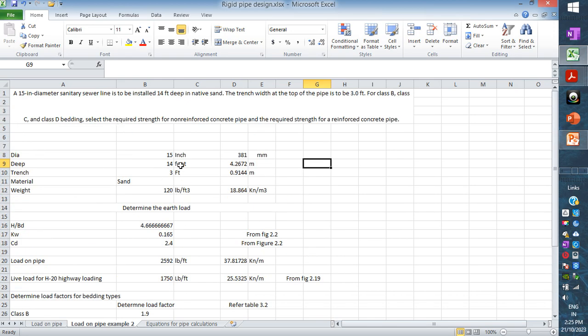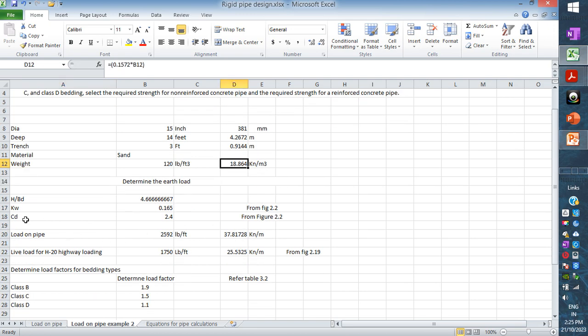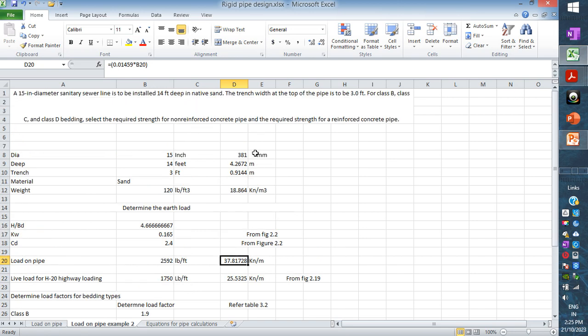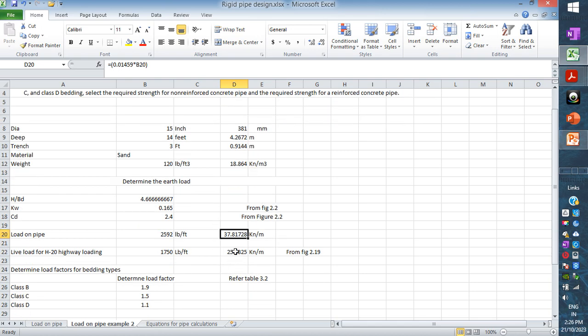In that, as you can see, the diameter of the pipe is 381, depth is 4.2, trench width is 0.9, and the material is sand. From H by BD, the load on the pipe is about 38 kilonewton per meter, which is for a 381 dia pipe, about 4.5 meter depth, it will carry about 37.81. The highway loading for that is from the figure, which is double axle loading, which is just a bit negligible.